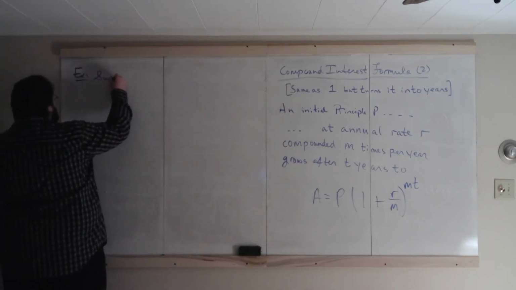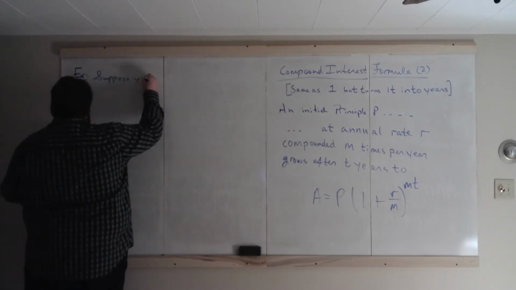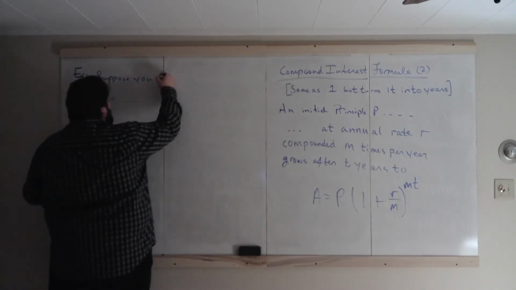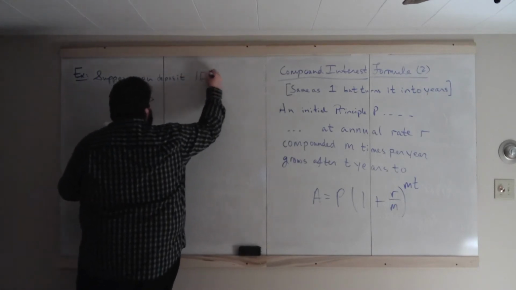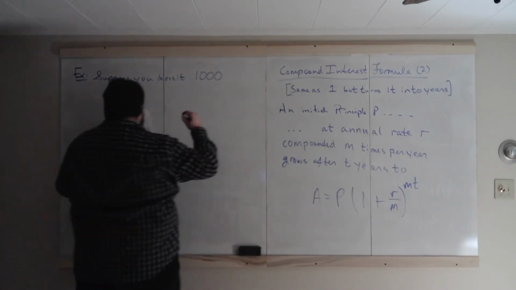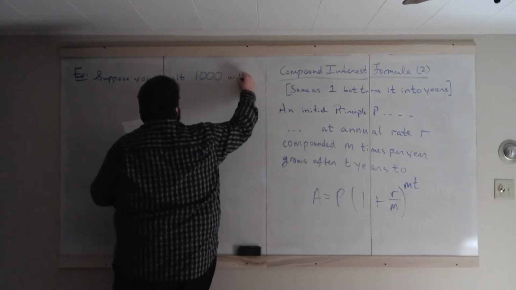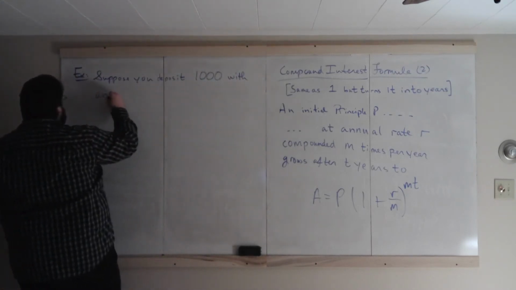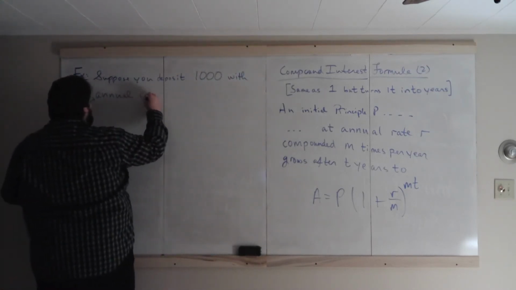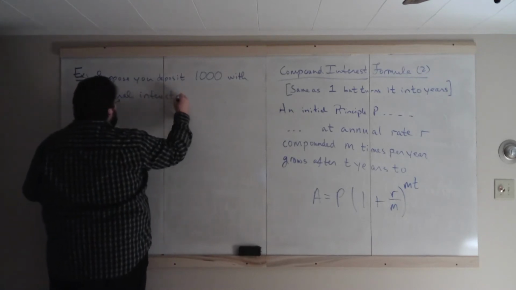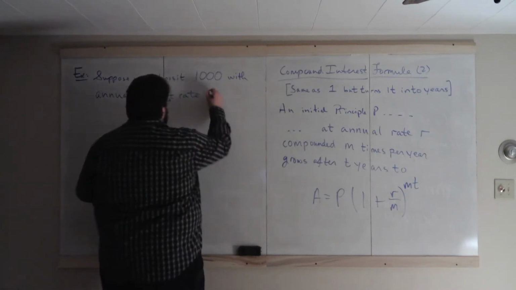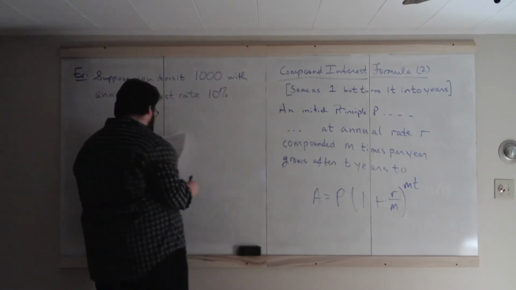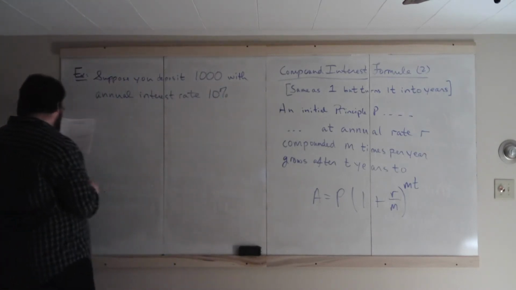Suppose you deposit $1,000 with an annual interest rate, what do we have? 10%.